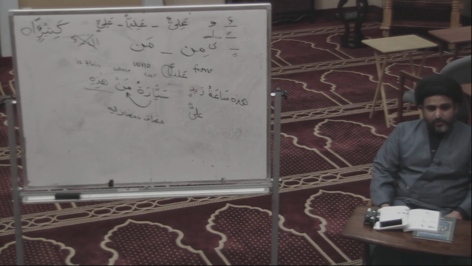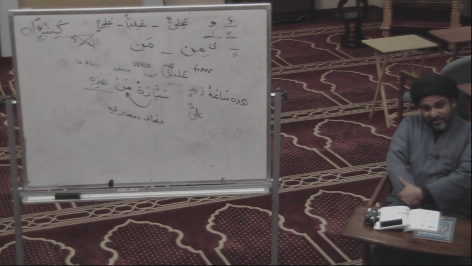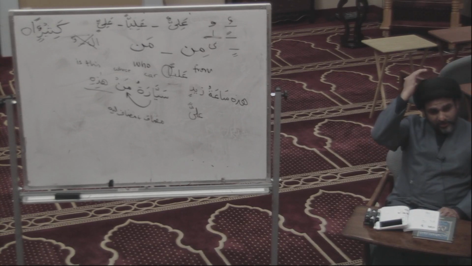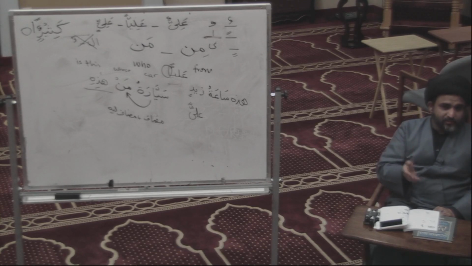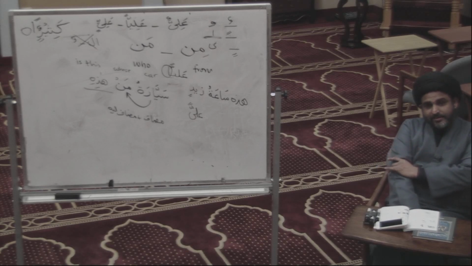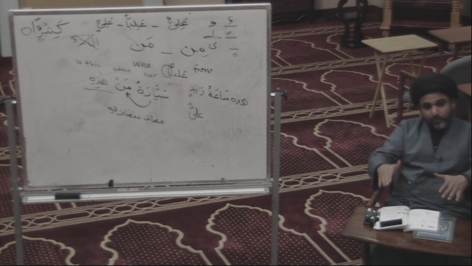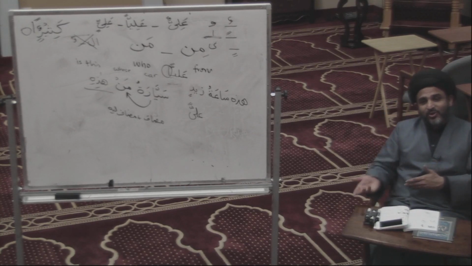Ya ayyuhalladhina amanu idha qumtum lis-salati faghsilu wujuhakum wa aydiyakum ila al-marafiq wamsihu bi ru'usikum wa arjulikum. Right? So this is the ayat of tayammum or ayat of wudu, which says when you stand up for salat, wash your faces and wash your hands up to your elbows, wipe over your heads and wipe over your feet. Arjulikum. Arjul becomes the plural of rijl.